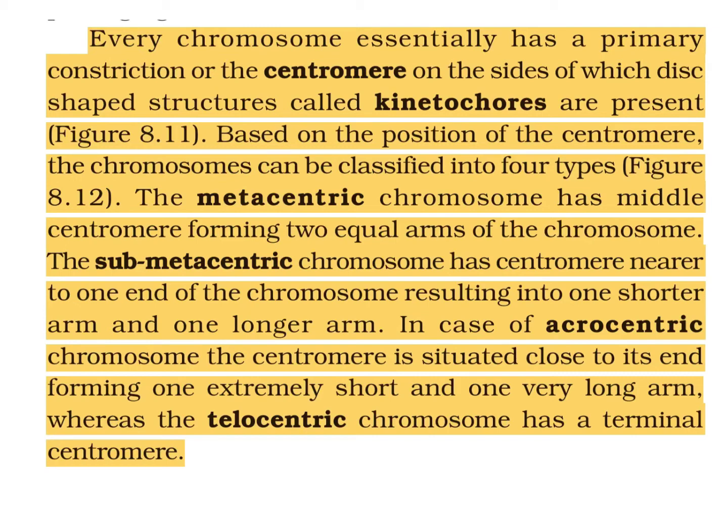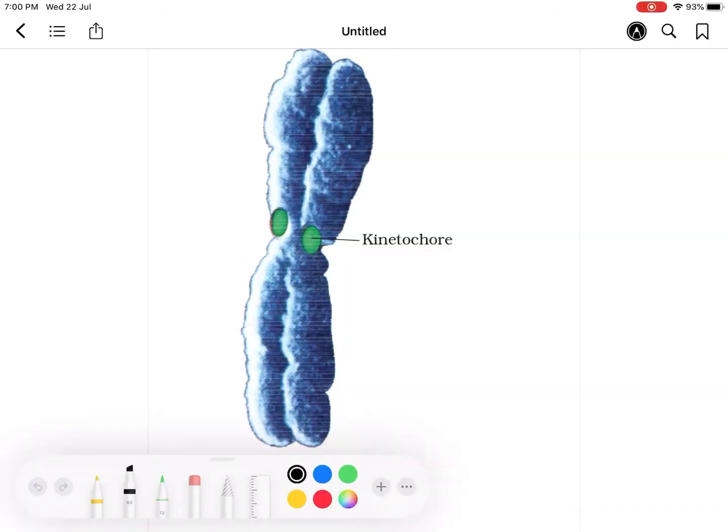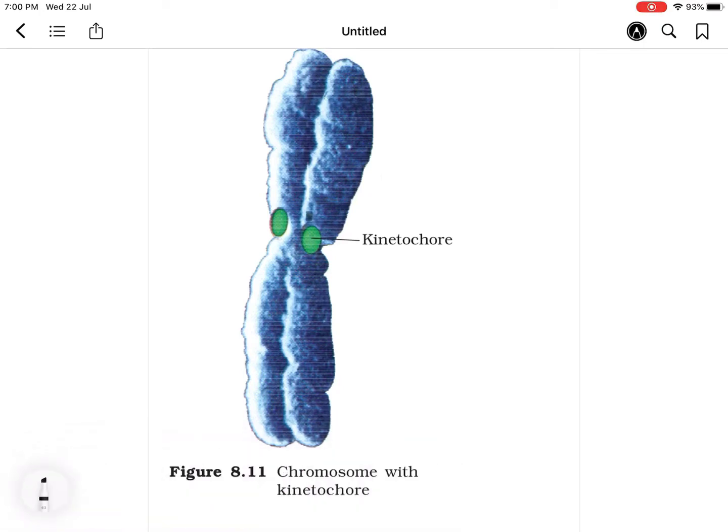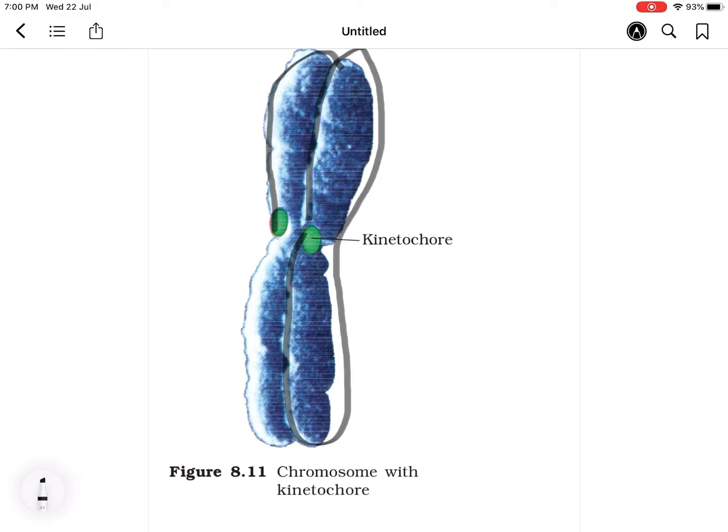In the next slide I will show how the structure is formed and how it looks. This is showing the diagram of a chromosome. This chromosome is very similar to a metacentric chromosome. Here I am showing one chromatid, and just nearby it another sister chromatid is present.